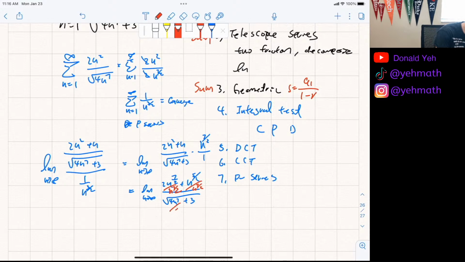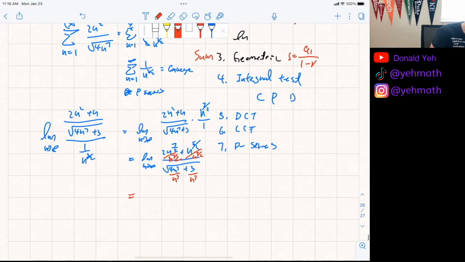It becomes the limit as n approaches infinity of 2 plus 1 over n, over the square root of 4 plus 3 over n to the 7, sorry. Therefore, it's going to be 1.